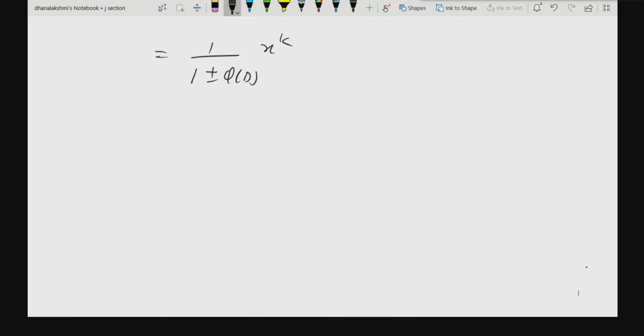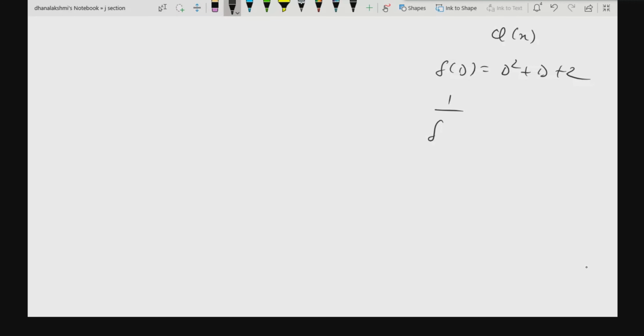Suppose your f of d is something like this, d square plus d plus 2, and your function q of x is x cube. So when you find the particular integral, it is 1 by f of d on x to the power 3.